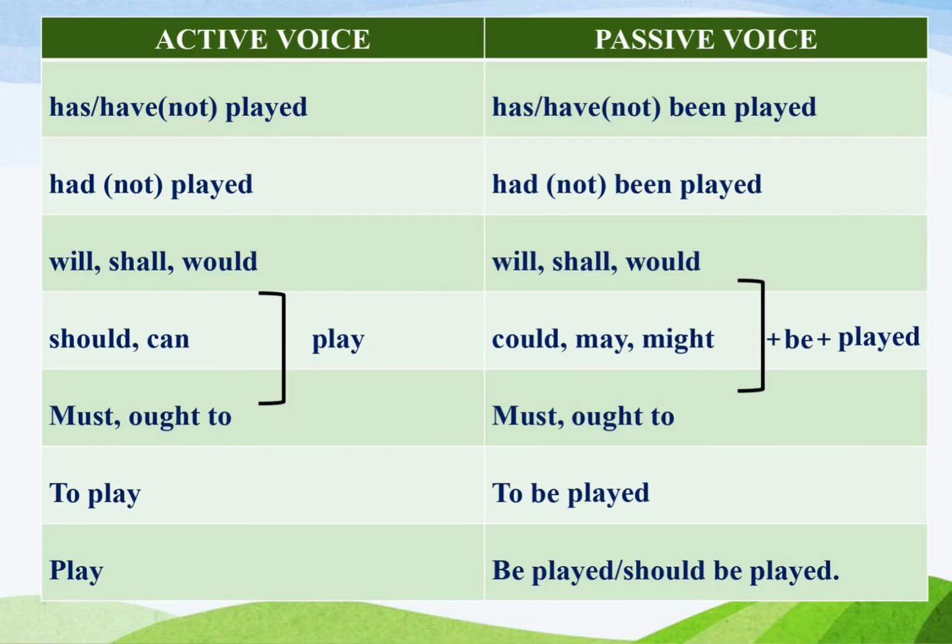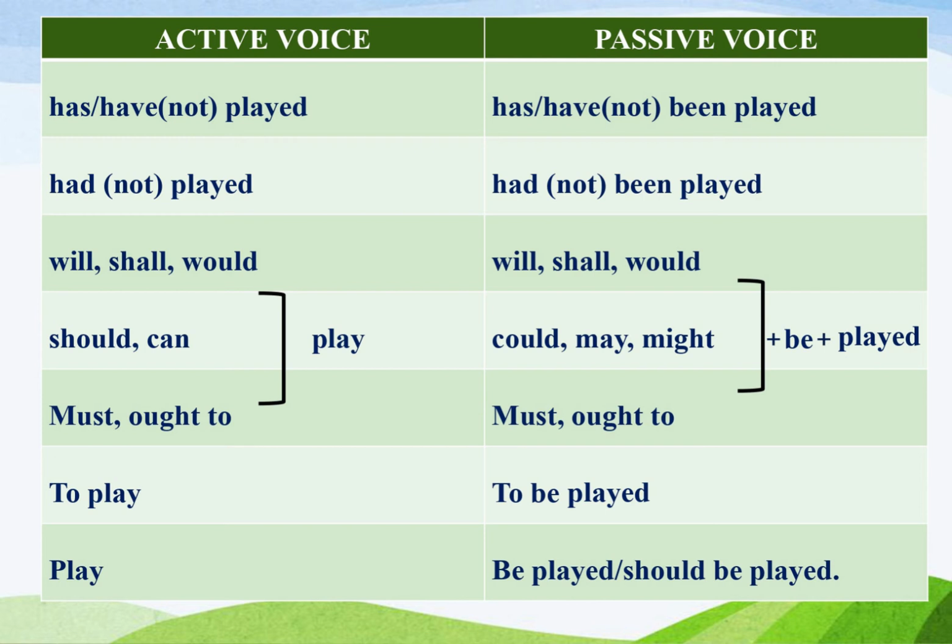Similarly, has, have, played gets transformed into has, have, been played, the form of the be, and played is the third form. Had not played gets converted into had not been played.